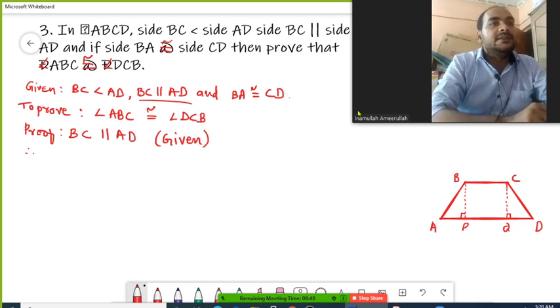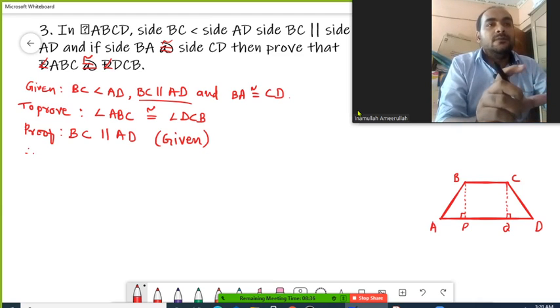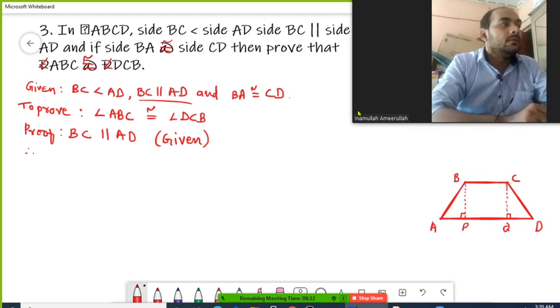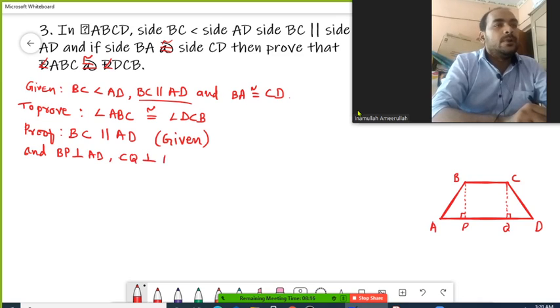If BC is parallel with AD, then the perpendicular distances between these two parallel lines will be equal. BP is perpendicular on AD and CQ is also perpendicular on AD.